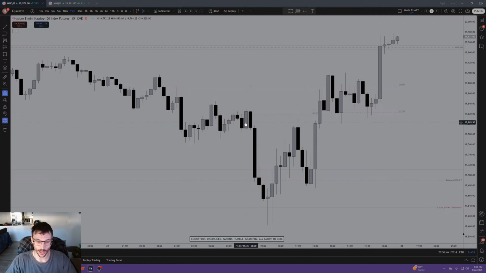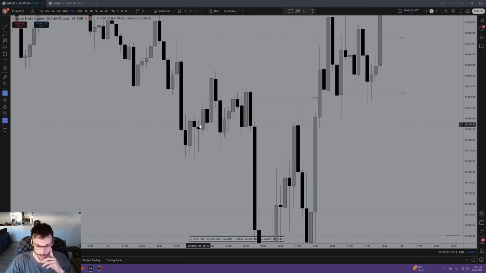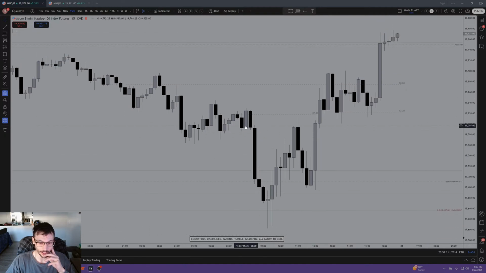My gray candles are the ones that go up, and my black candles are the ones that go down. Gray candles have the opening price on the bottom. The low, you can barely see it, but there's a wick there. So the low, and then the high, and then the close. That's how all candles are going to form.